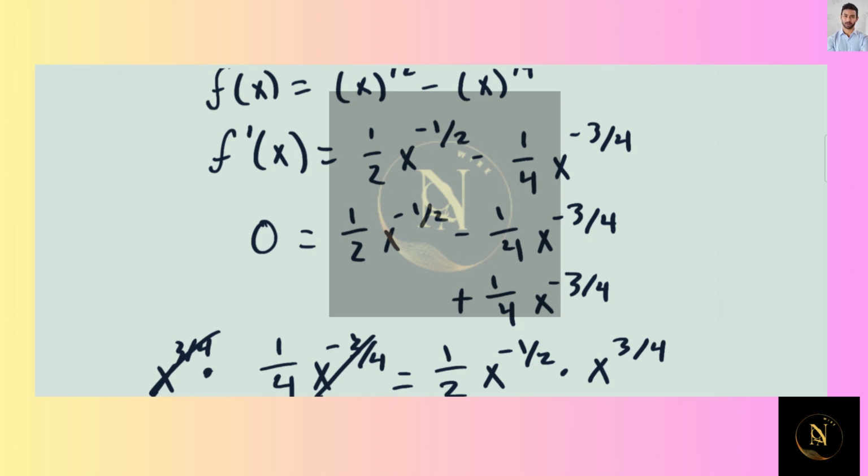I'm just going to plug this into a calculator real quick. 1 over 100 to the 3 divided by 4 is equal to around 0.03. Sorry, we actually need to take this to the negative 1.